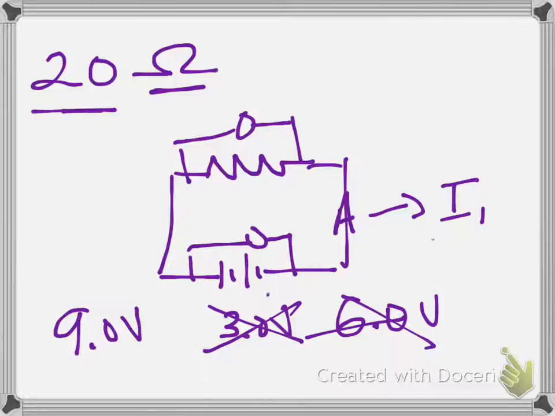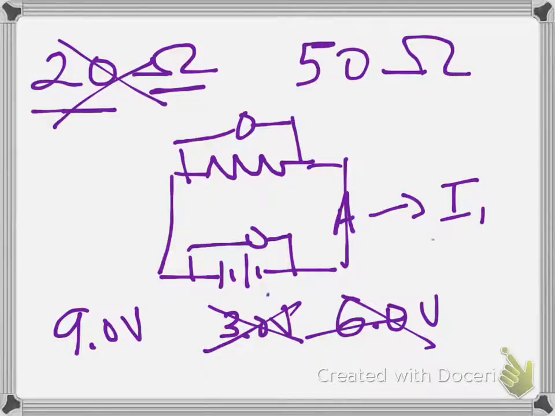Once you've changed the voltage 3 times, then you will move to a new resistor. In this case, you'll move from 20 to, say, 50 ohms of resistance, and go through exactly the same sequence again: 3 volts, 6 volts, and then 9 volts.